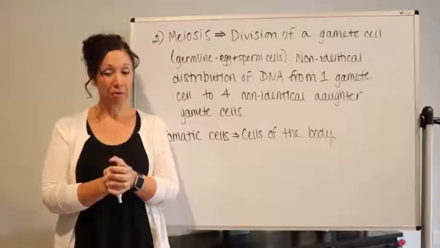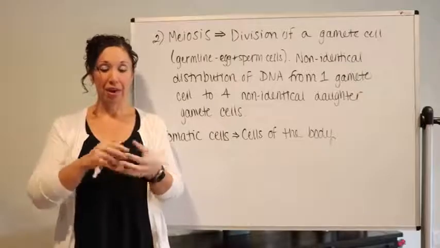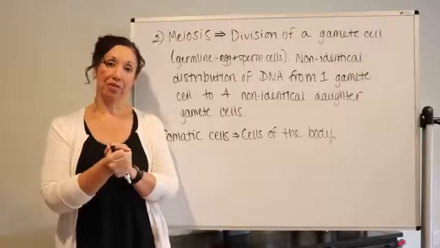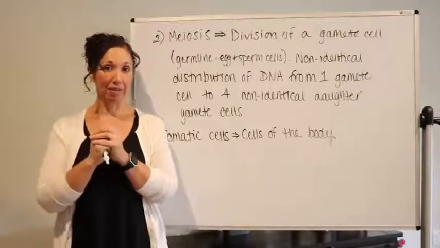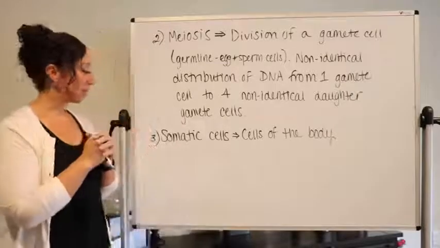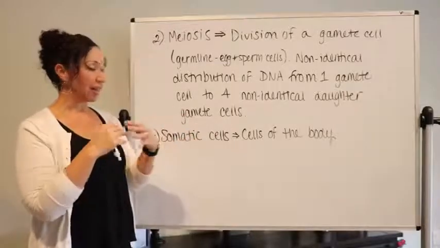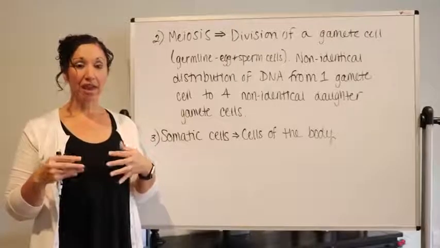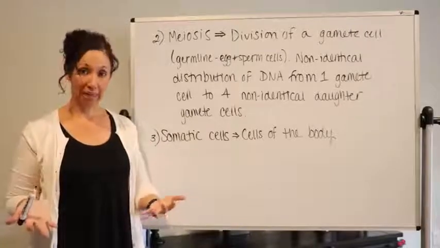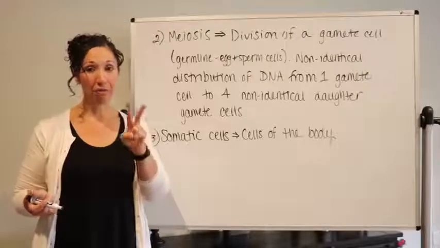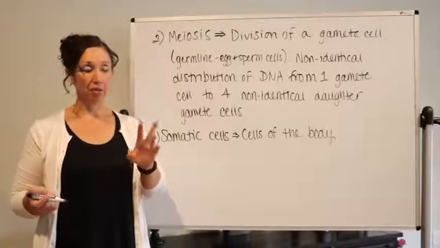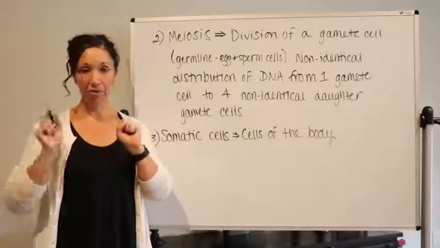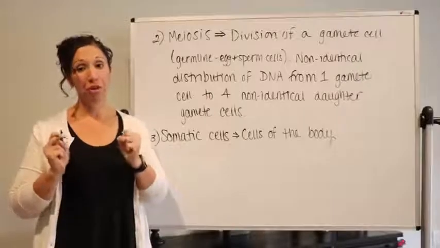Now remember what a chromosome is. A chromosome is how your DNA gets packaged into your cell. We're going to talk about that again soon. So there's a lot of review in here. So cells of the body, every cell in your body is a cell that has 46 chromosomes in it, meaning it has 2 copies of chromosomes. So you got 1 copy from mom, 1 copy from dad. Therefore, you have 2 copies.